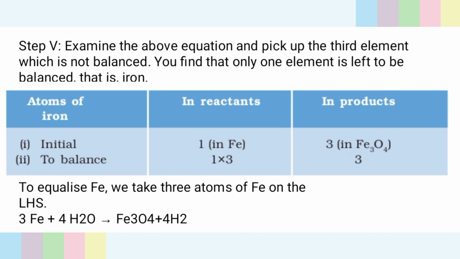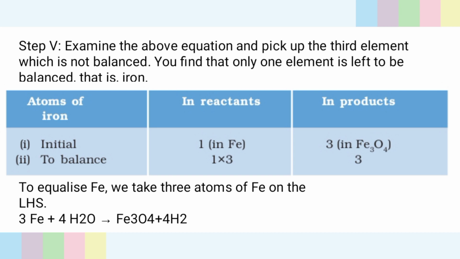So as we did with oxygen, we multiply the 1 atom of iron on the reactant side by the number of atoms present on the product side, that is 3. So to equalize the Fe, we take 3 atoms of Fe on the LHS.